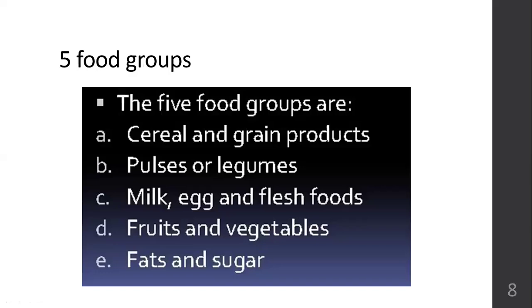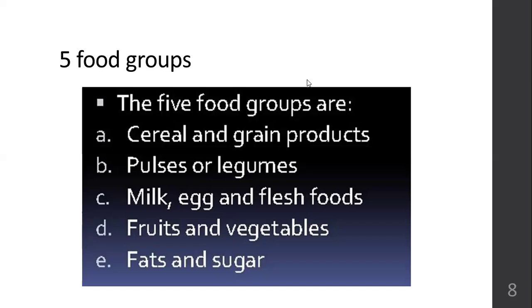Then coming to the food group system. We have 2 to 3 main food group systems. There is a 3 food group and 4 food group as well. ICMR has suggested the 4 food group system in India. But usually we have a 5 food group system.